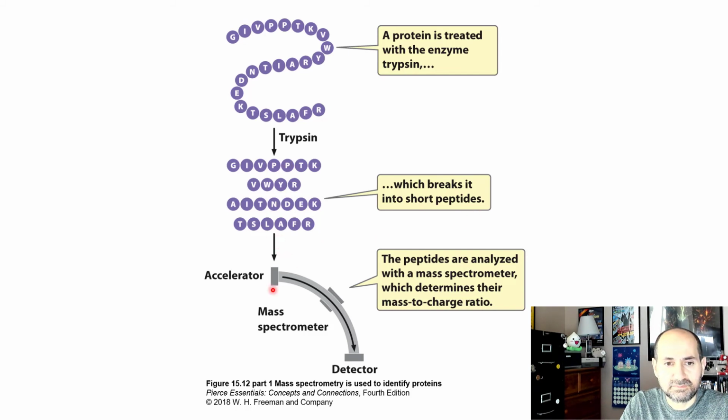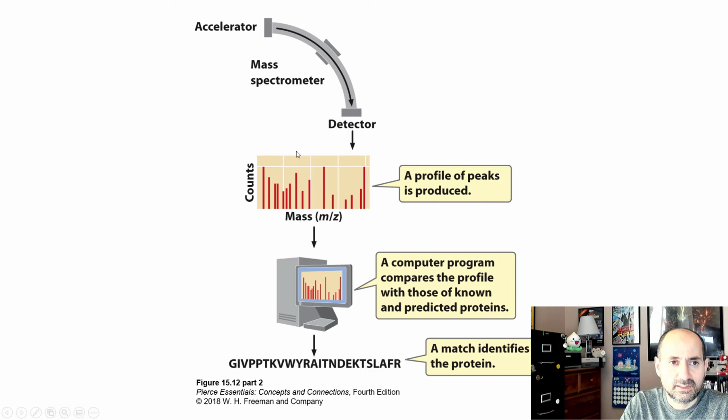You then put the peptides into an accelerator, and the peptides are analyzed with a mass spectrometer, which determines their mass to charge ratio. That detector reads out counts from mass to charge ratio.